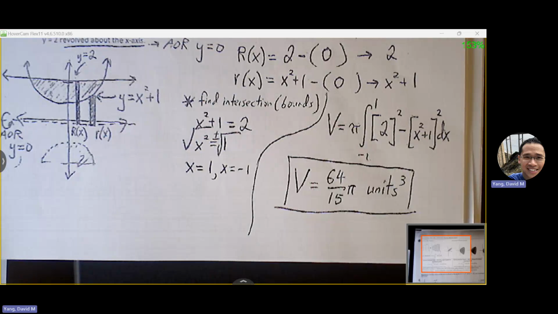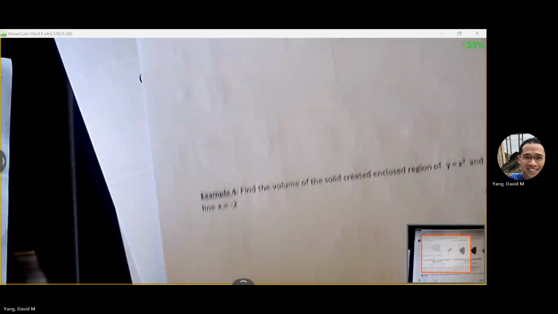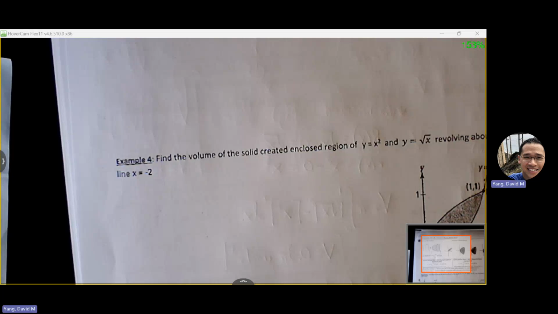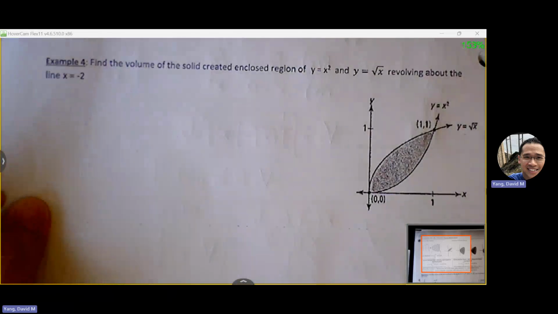All right, next page. Okay, I want to skip example 3 and talk about example 4 because we know that the more challenging ones are always where we have right minus left, rather than top minus bottom.